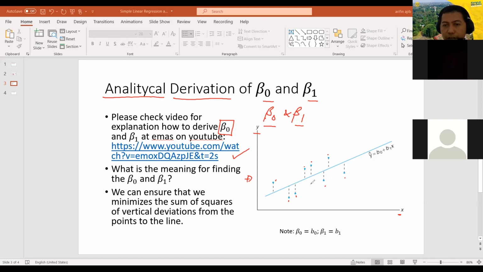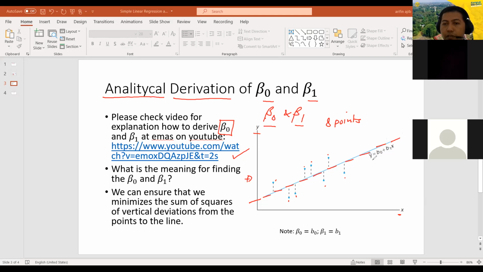In this case, we have 8 points: 1, 2, 3, 4, 5, 6, 7, 8. And as you remember, our purpose is how to draw this linear line, straight line.